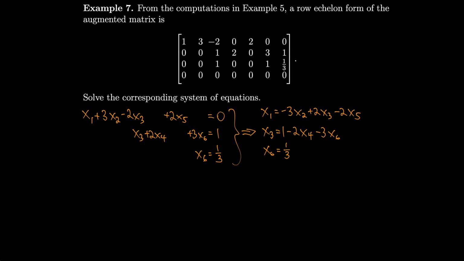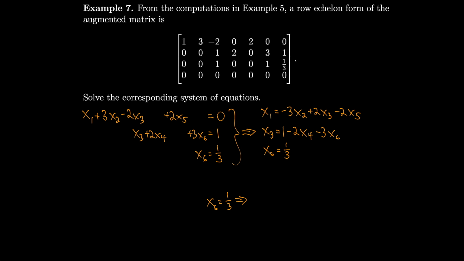Okay, so now what we want to do is take x6 equals 1/3, and we will substitute that in over here. So we'll use that x6 equals 1/3, and that'll help us rewrite.